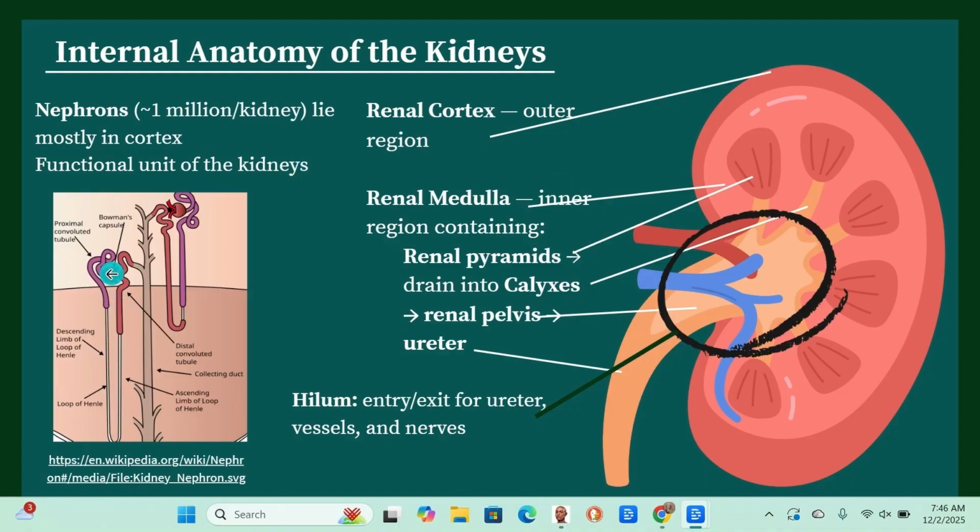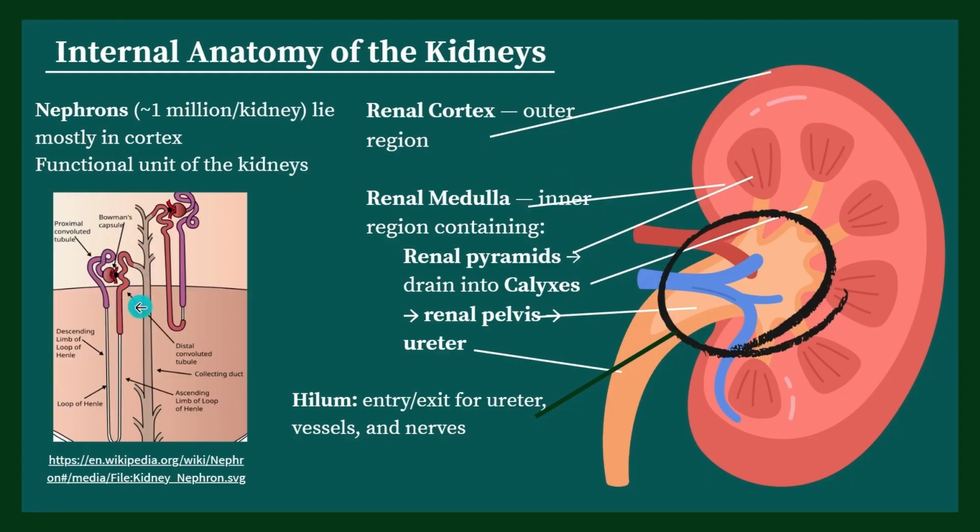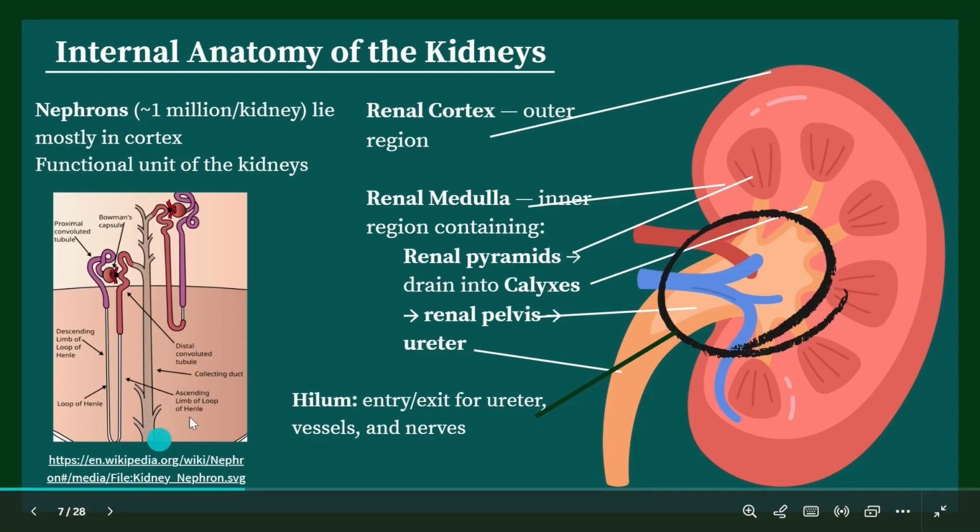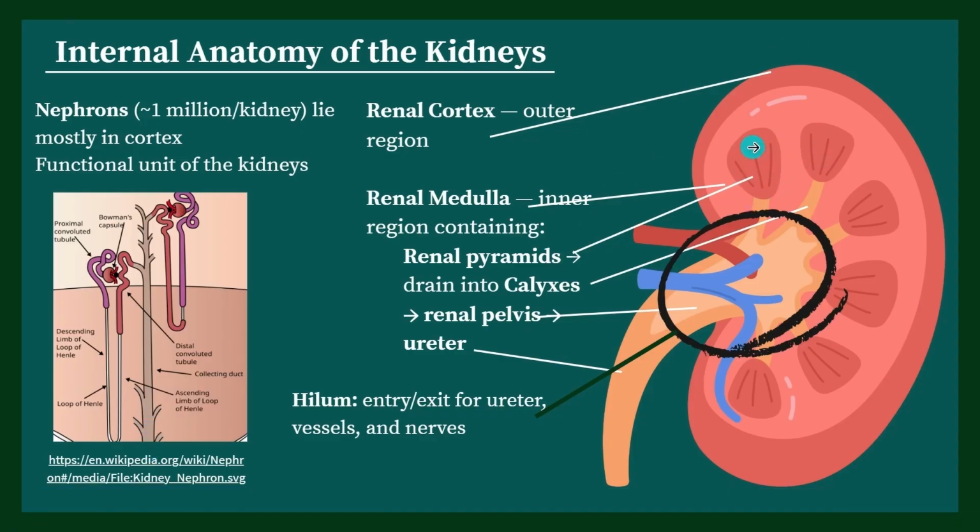So it starts out with blood vessels being filtered, and then the filtrate comes down the duct, and all those ducts collect in the renal pyramids, and the fluid goes down through the calyxes into the renal pelvis and out the ureter.